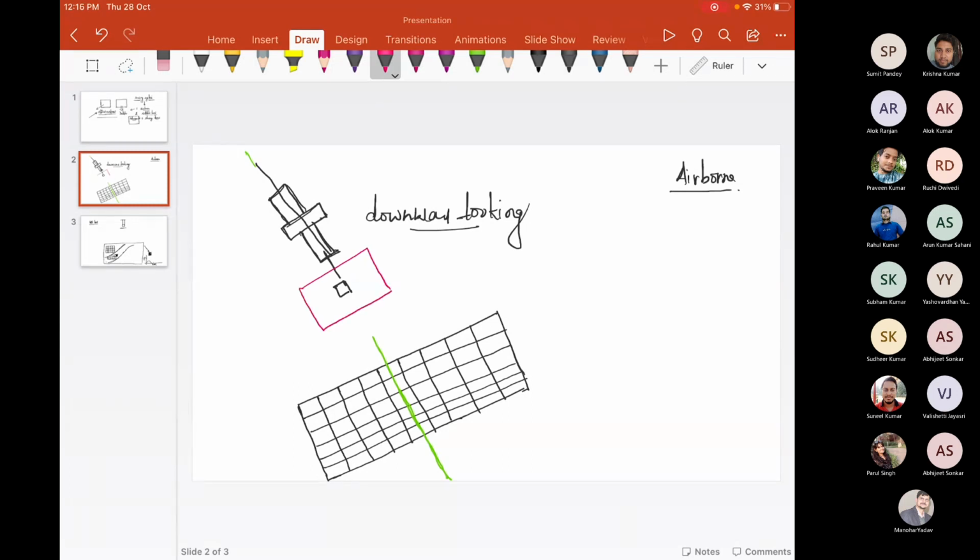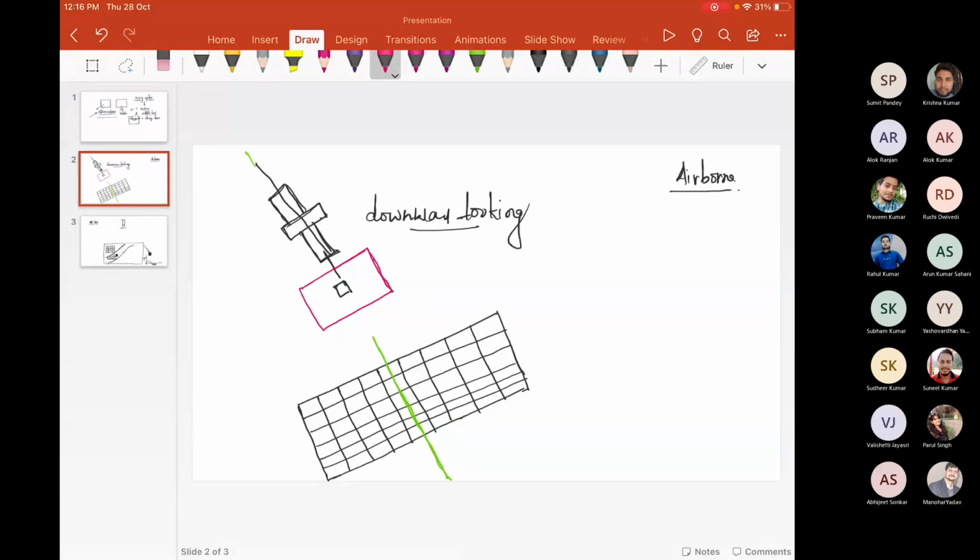Again in the box, I draw the internal architecture of the sensing system, that is, the detector as well as the optical component.